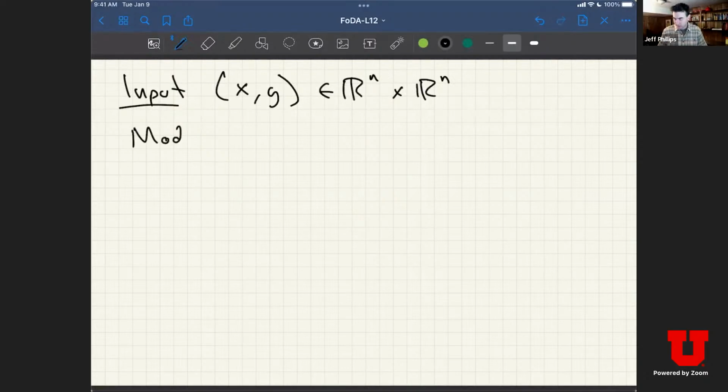The model M_alpha is going to take in a scalar x.